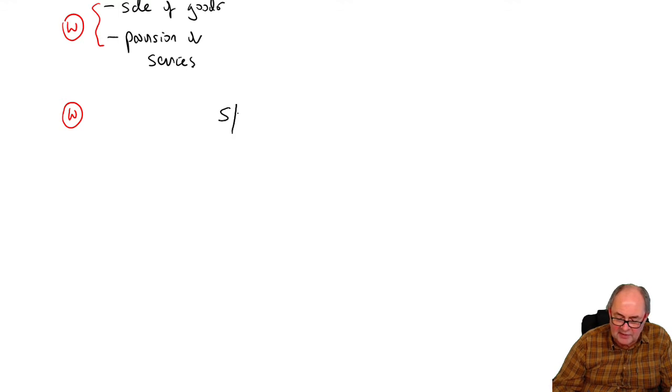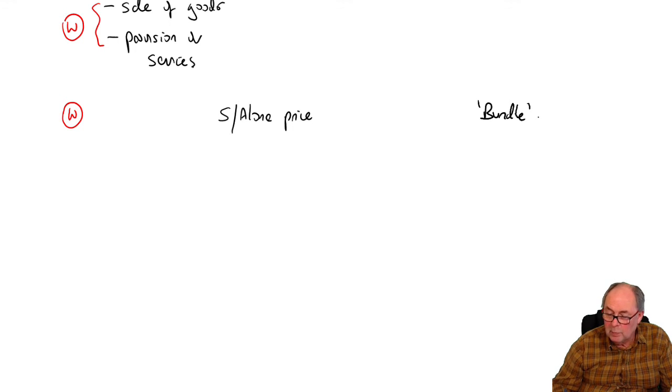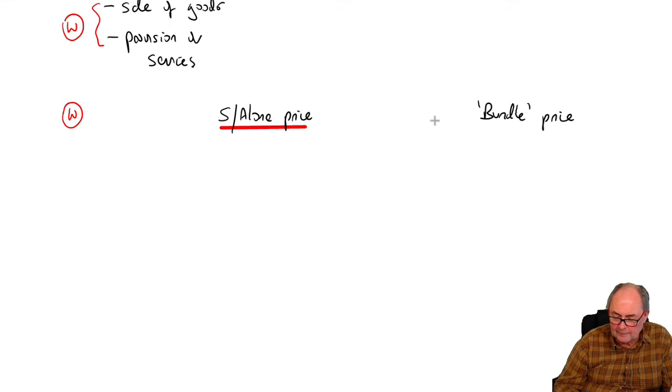So I'm looking at the standalone price, and I'm looking at the bundle price. Can I call it a bundle? Well, I have. The bundle price. First, there's the goods, and then the services.